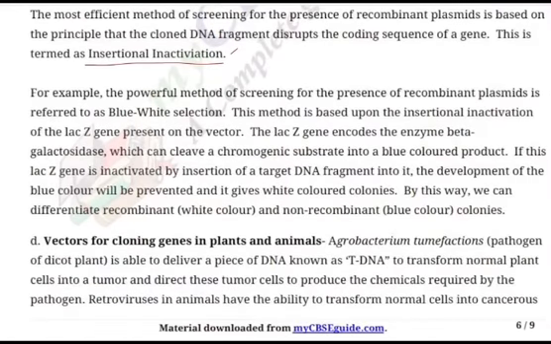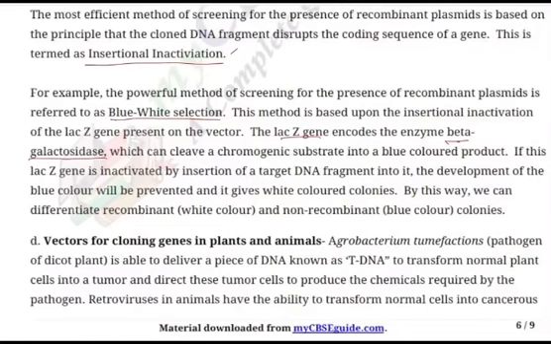For example, a powerful method of screening for the presence of recombinant plasmids is referred to as blue-white selection. This method is based upon the insertional inactivation of the lacZ gene present on the vector. The lacZ gene encodes the enzyme beta-galactosidase, which can cleave the chromogenic substrate into a blue-colored product.